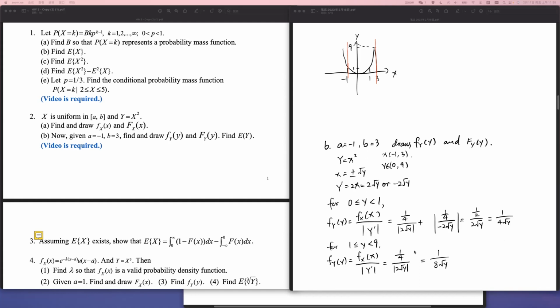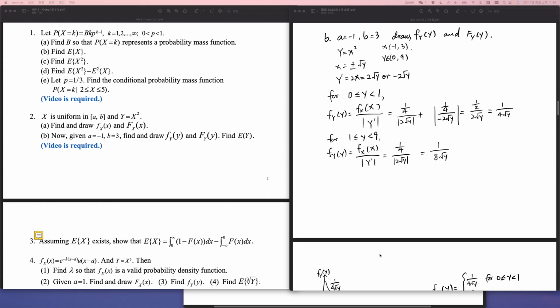In this case, there's only one situation, because from 1 to 9, x can only be positive. So similarly, using the same equation to find small f_Y, it's 1/8 times square root of y.